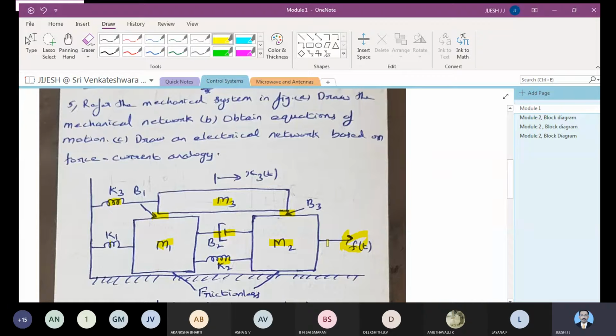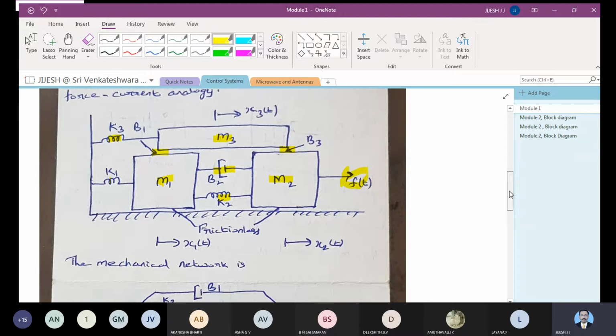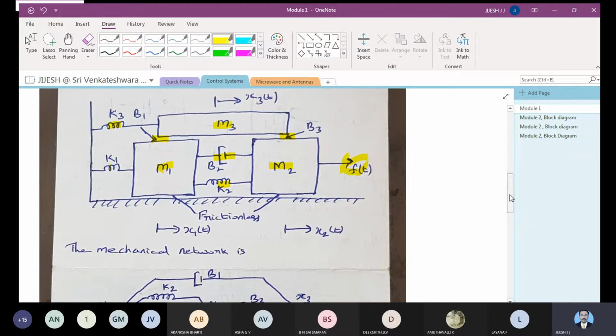We have to make sure how many x there are; it will be x1, x2 and x3. All these things need to be taken care of, and you need to proceed further for drawing the diagram. I think all of you might have understood that.